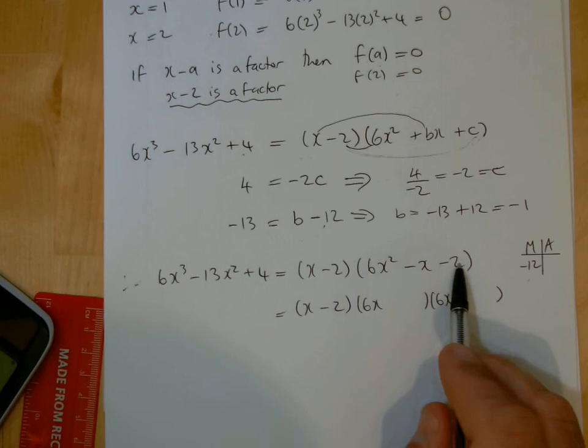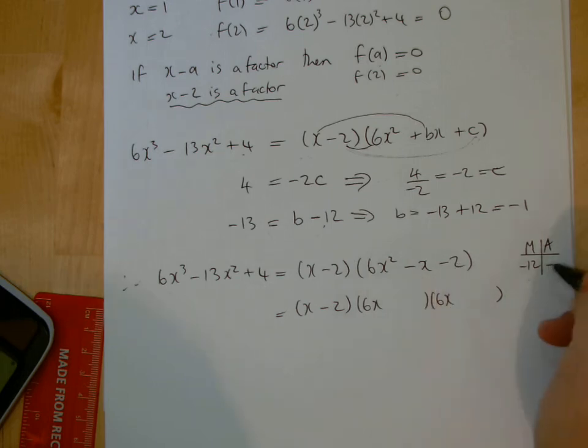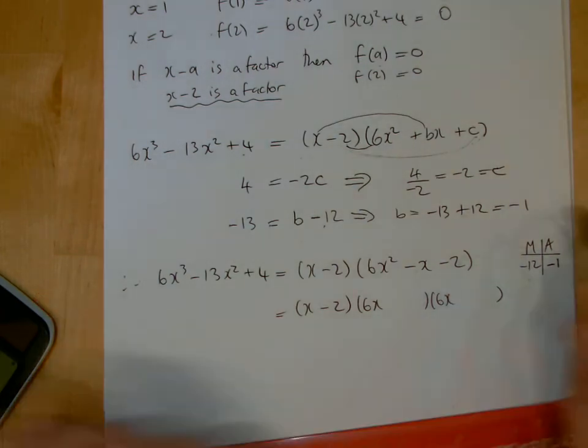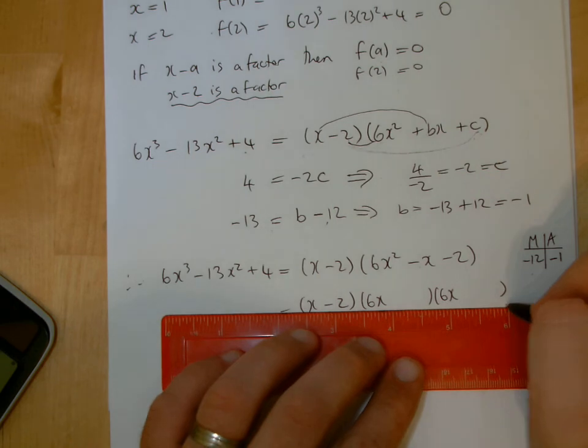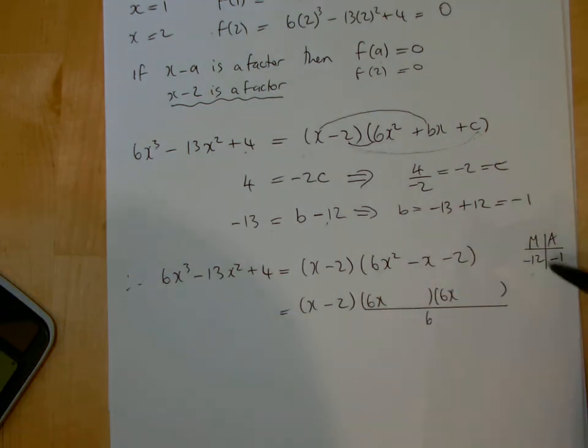So 6 times minus 2 is minus 12. And it's got to add up then to give this number here, which is minus 1. Okay. And don't forget then, because we times by 6 there, to give you that, we've got to divide by 6 then. Okay, think of it as like paying back. So then, multiply to give minus 12, add up to give minus 1.